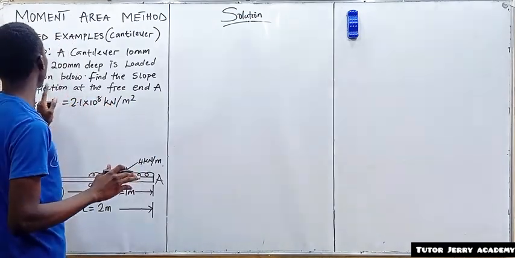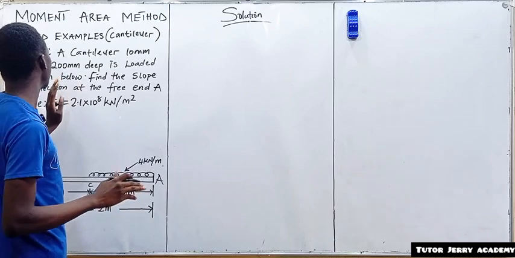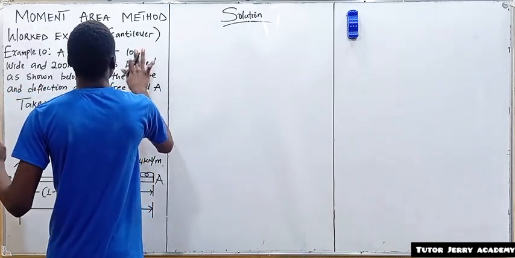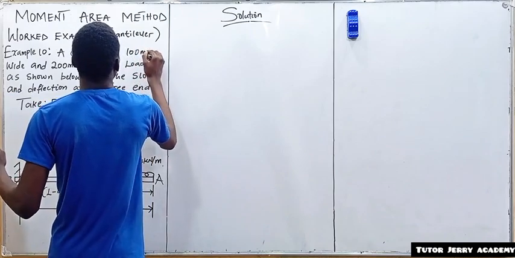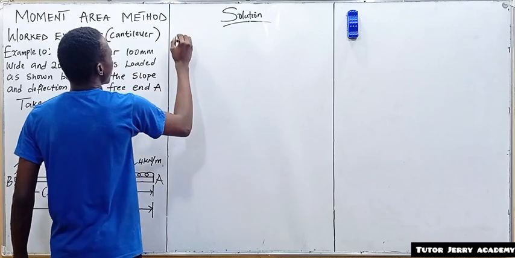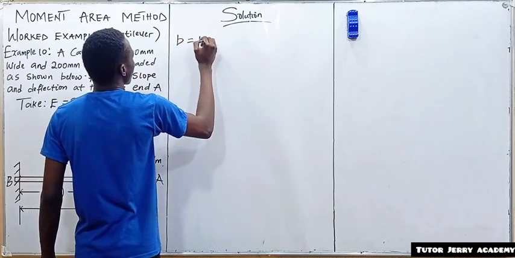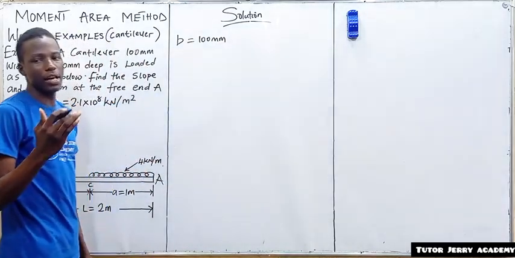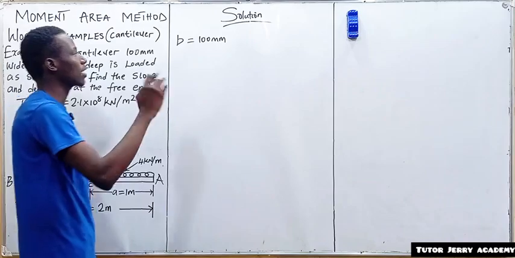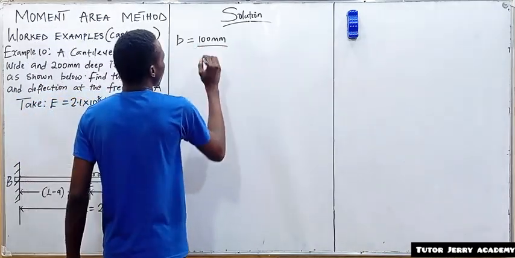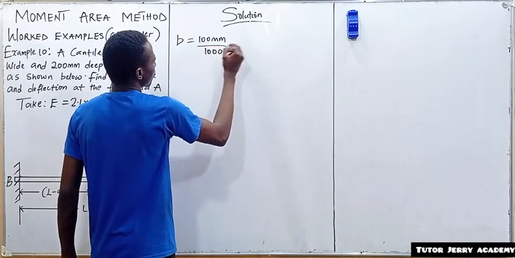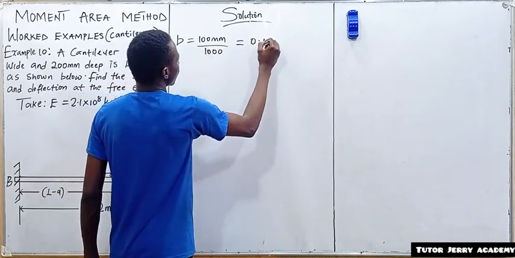We were given a cantilever of 100 mm width, so our breadth is equal to 100 mm. We need our units in meters to be able to calculate, so we convert all our units. Converting 100 mm to meters, you divide by 1000. This will be equal to 0.1 meter.